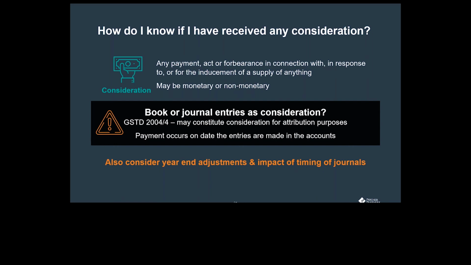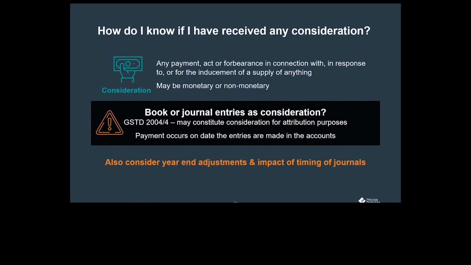And the ATO has a public determination, GSTD 2004/4, which effectively says that if you make a journal entry which effectively means that you've paid for or deemed to have paid for a relevant supply that's been made to you by way of an entry in a loan account, for example, then at the date that that entry is made, that is the date that you will be deemed to have received consideration for GST purposes.